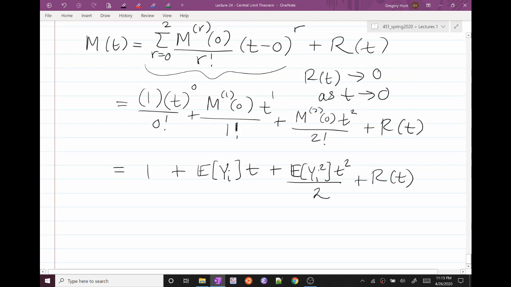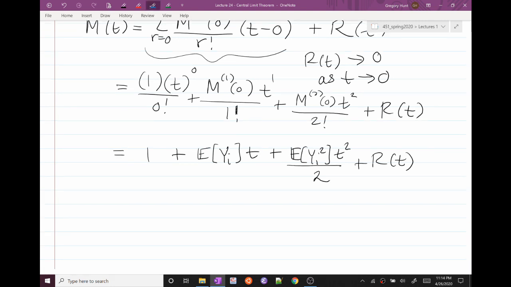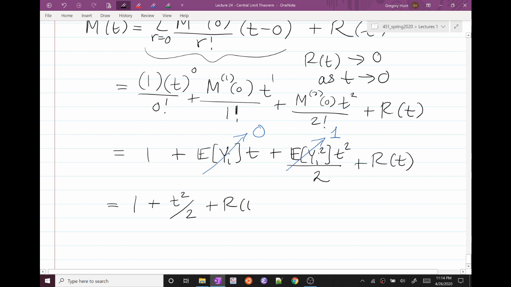And we know from above that this thing is 0, and because the mean is 0, the second moment is the same as the variance, and that will be 1. And so that disappears, right? We get 1 plus t squared divided by 2, plus some remainder r of t.